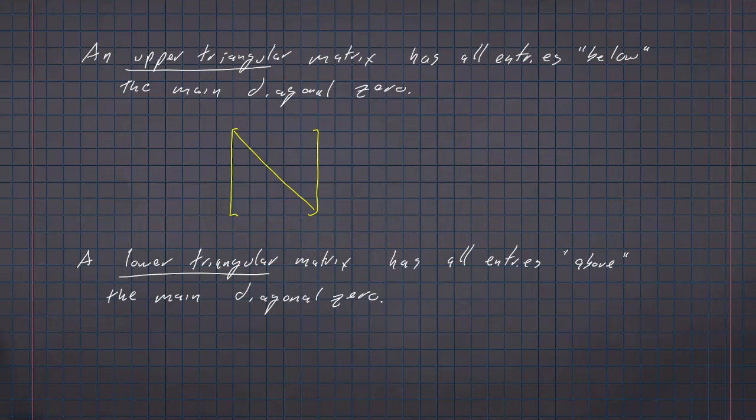In an upper triangular matrix, all of the entries below that diagonal are 0. All of the entries on the diagonal or above the diagonal could be non-zero. So what you end up with is this triangle of interesting things in the top part of the matrix and a whole bunch of zeros in the bottom part of the matrix.